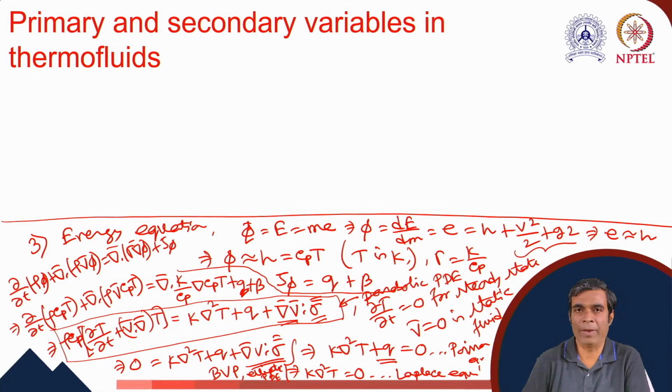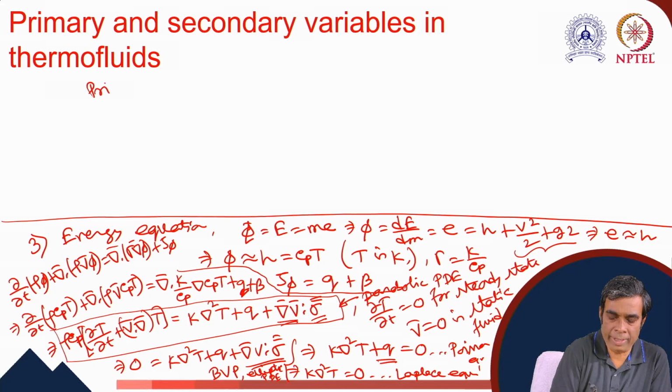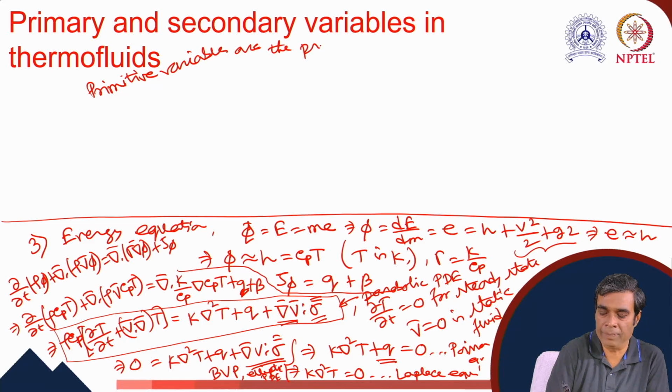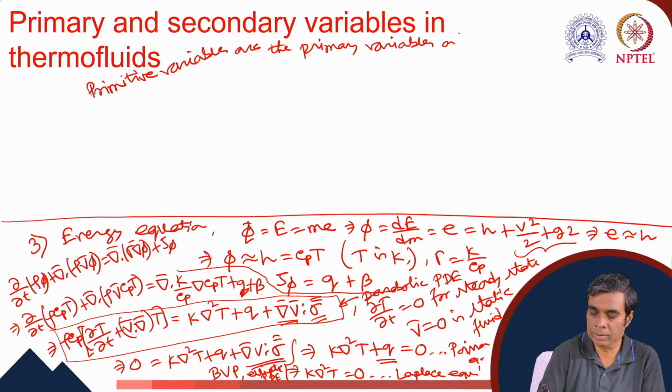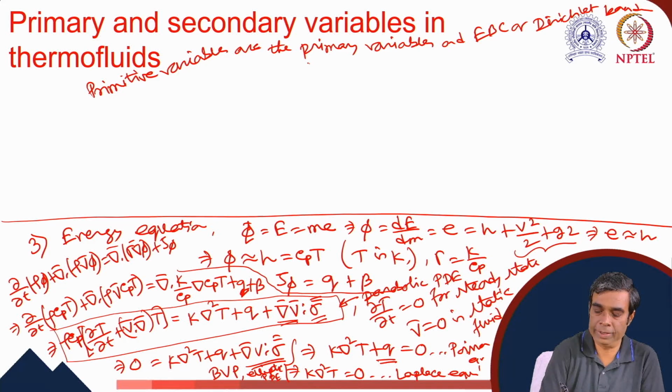The primary variables, I have already mentioned, are the primitive variables, and the secondary variables are the fluxes of the primary variables. So primitive variables are the primary variables that we solve using FEM, and the EBC or Dirichlet boundary condition is defined on them.